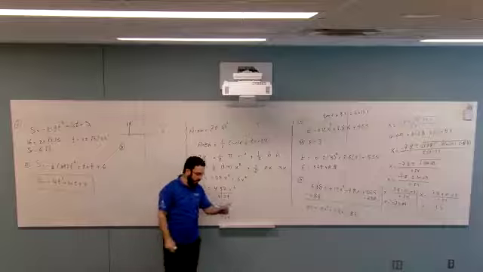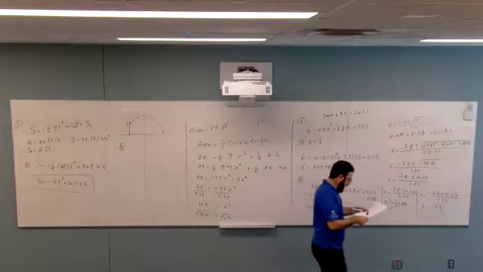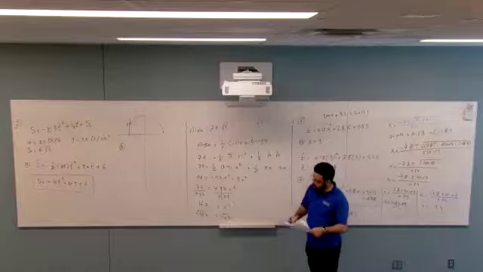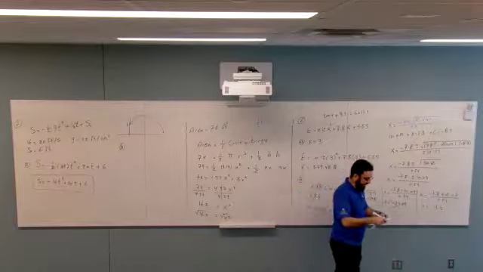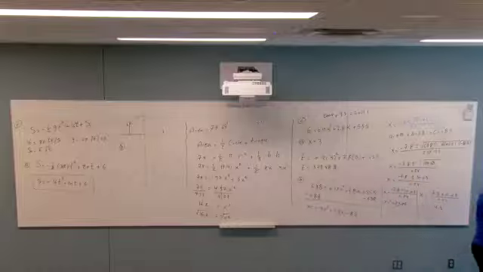Now part B, who's going to tell me? So negative 16 T squared plus 20 T plus 6. How long? What does that mean, how long? How much time?